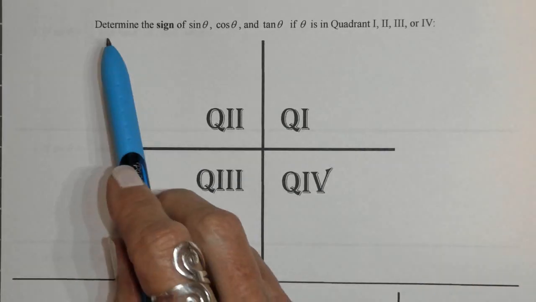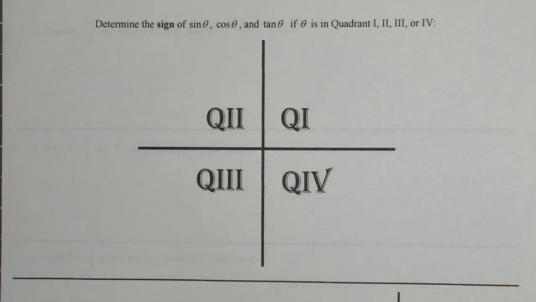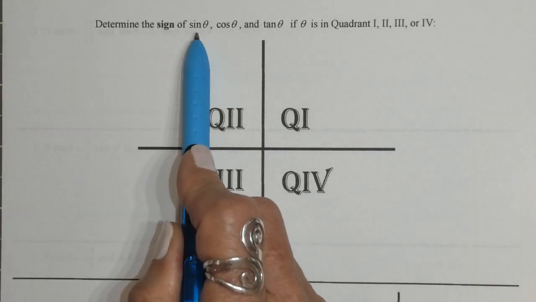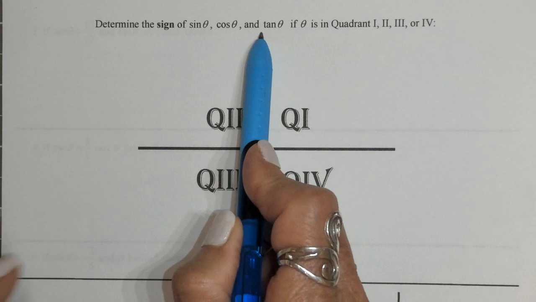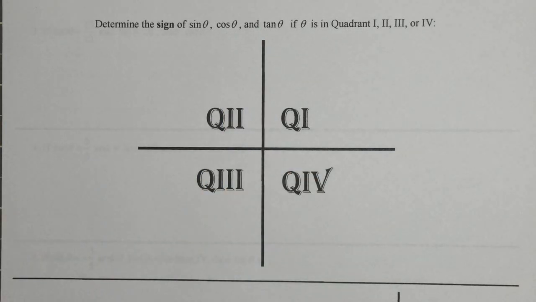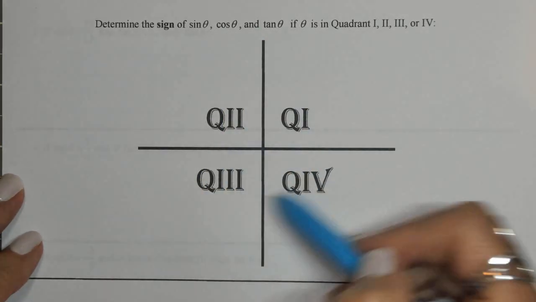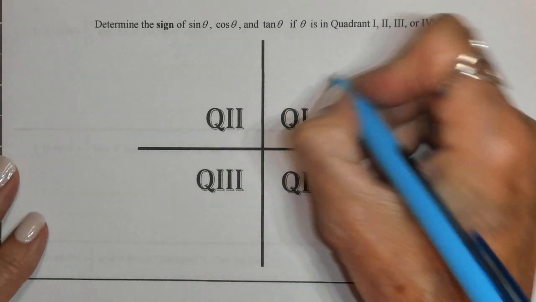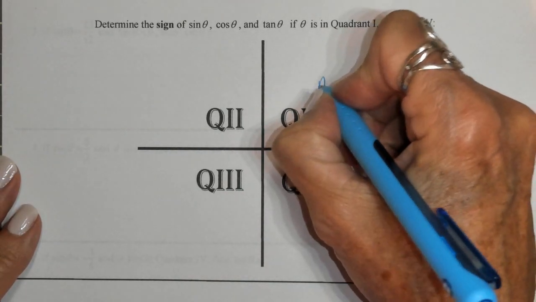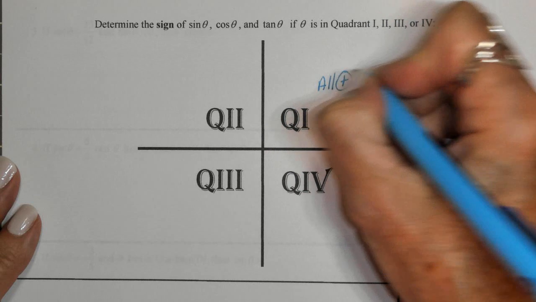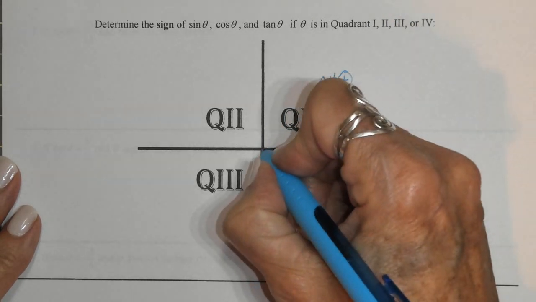All right, so right now we're going to determine the sine, cosine, and tangent of theta, and their reciprocals, if theta is in these quadrants. We've already examined quadrant 1, and we know that they are all positive there.